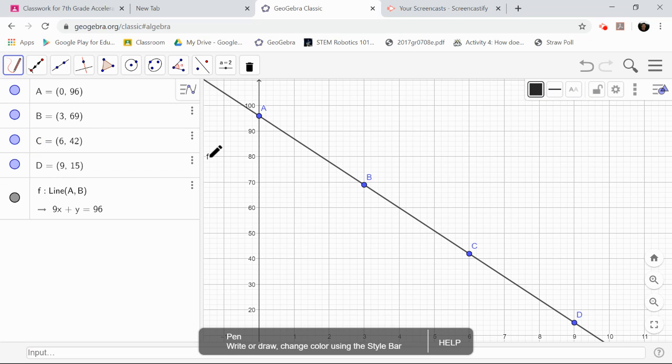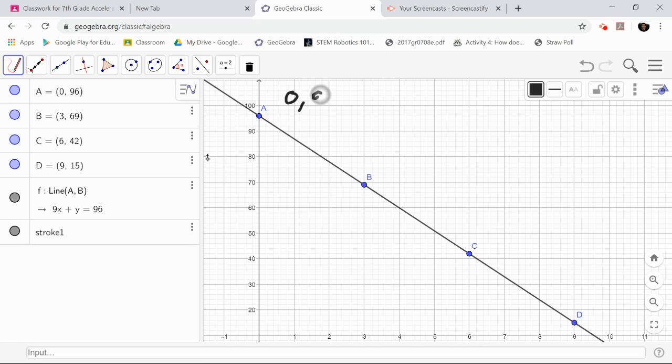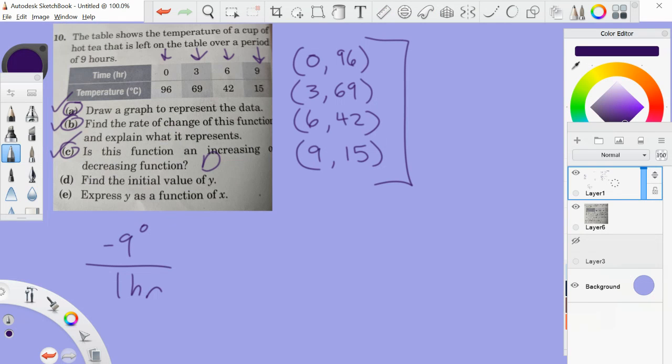Now this point has coordinates 0, 96. That means as soon as you set the tea on the table, it has a temperature of 96 degrees Celsius. And that answers our question here. Our initial value was 96 degrees Celsius.